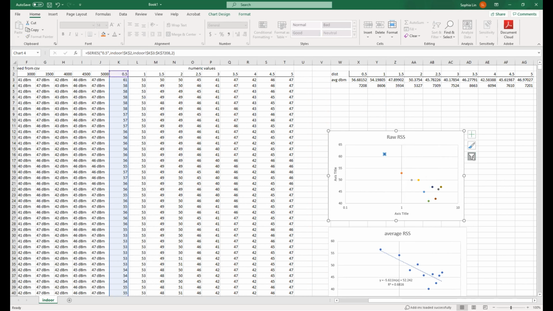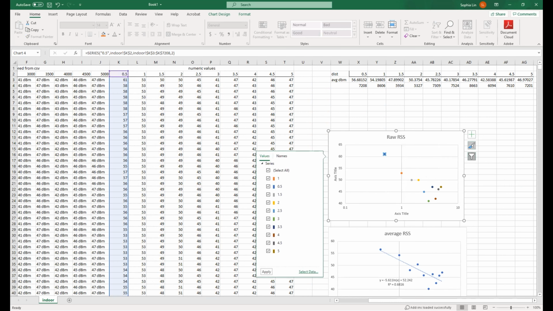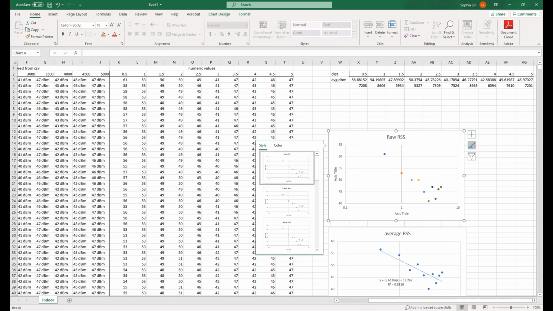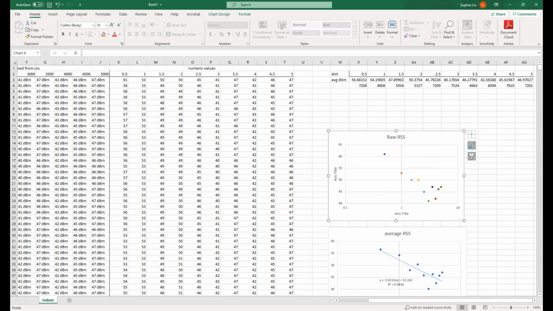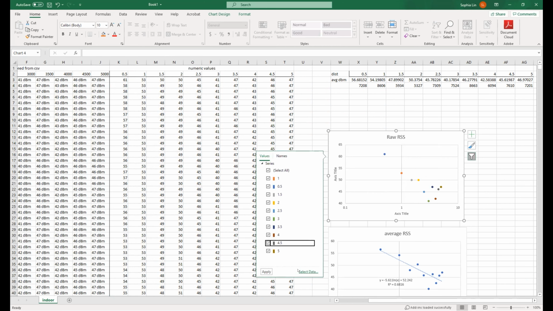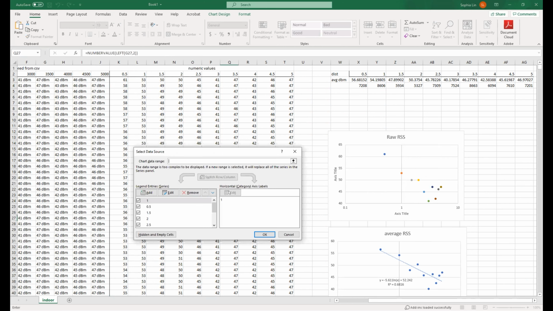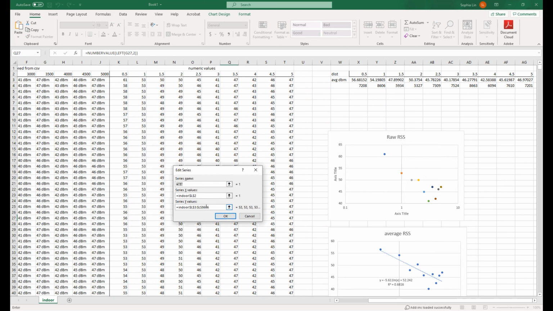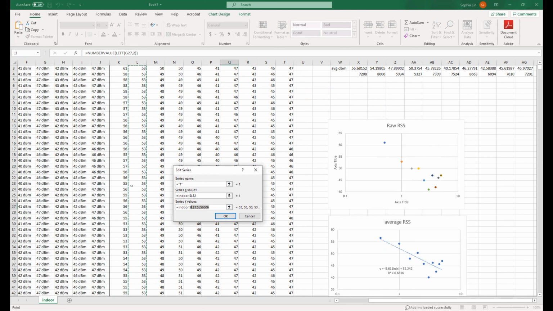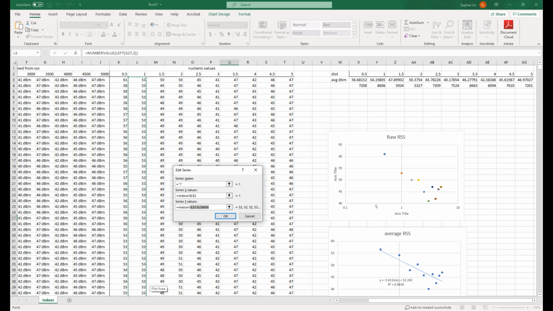Sorry. I selected all the data. So here, for example, I have the entire column of data selected, but it only shows one dot.